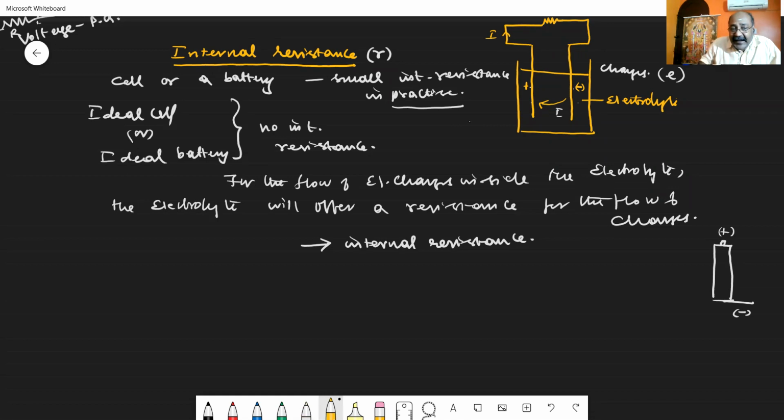If you take a freshly prepared cell, it will have low internal resistance.